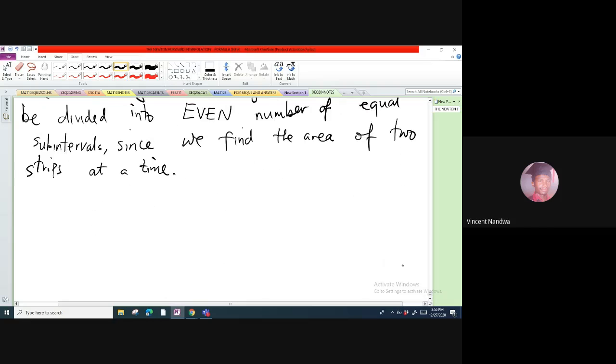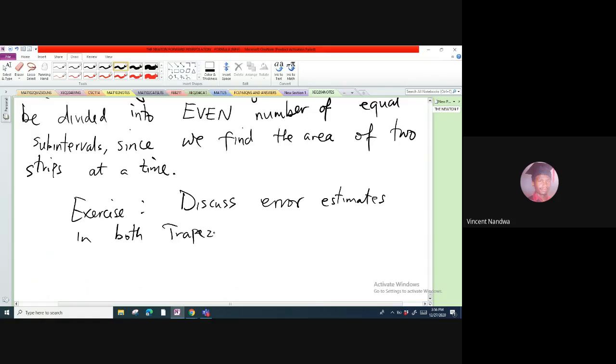So the last formula, an exercise: discuss error estimate in both trapezoidal rule and Simpson's third rule.